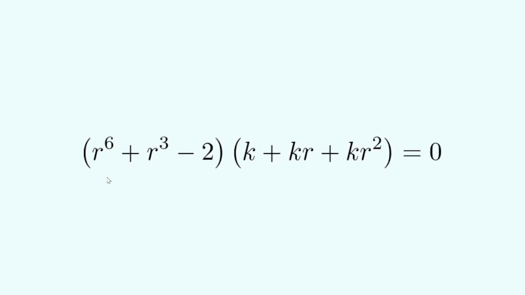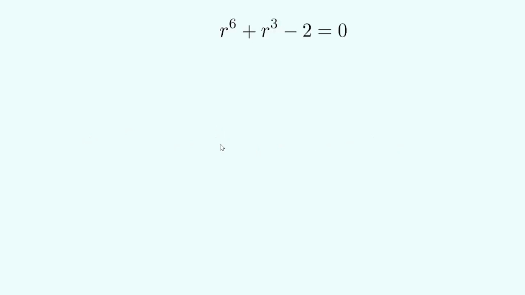Now let's look at what happens if this first part here is equal to 0. It may not be immediately obvious to all of you, but this is actually just a quadratic. Because if you think about it, r cubed is r cubed to the power of 1, and r to the 6 is r cubed squared. So this is a quadratic with r cubed as our variable rather than just r.